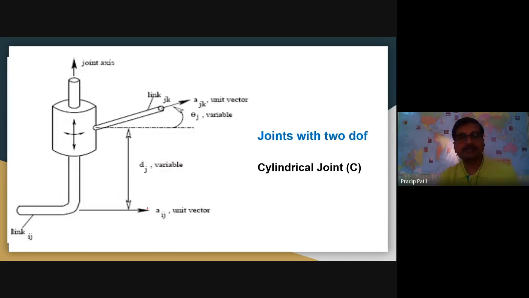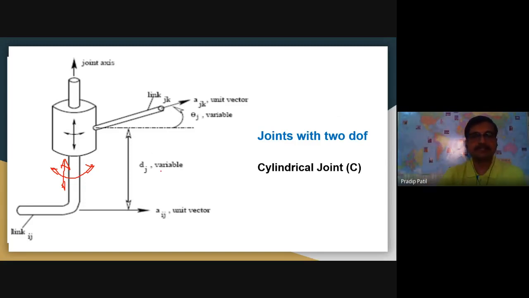Third one is a cylindrical joint. Cylindrical joint, as can be seen here, has 2 degrees of freedom. One is it can move up and down, also it can rotate. So this is a case of a latch with a cylindrical rod. It can rotate and it also can translate.